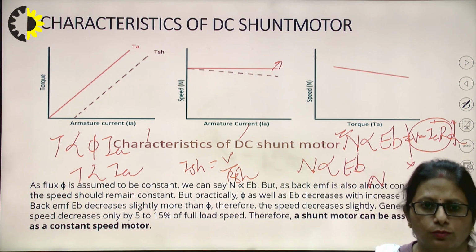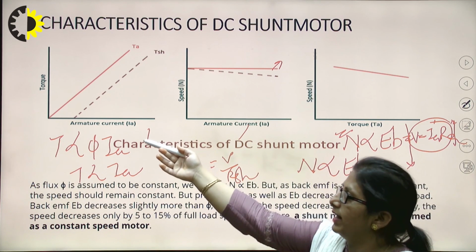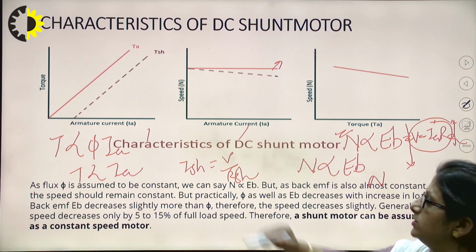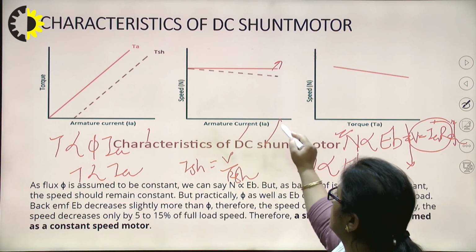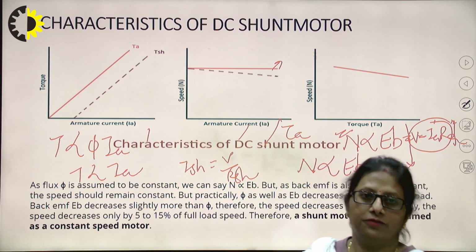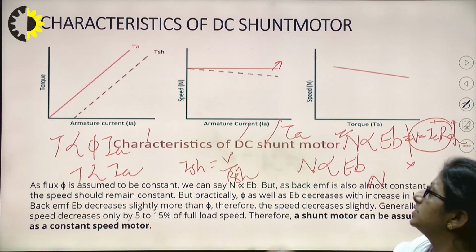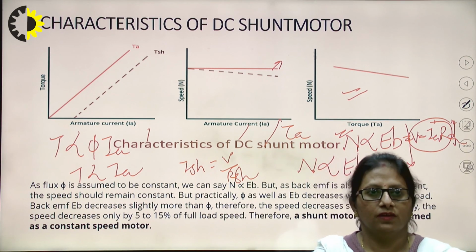It is inversely proportional. Here also, torque and armature current are directly proportional, so in place of armature current I may just substitute torque. The nature of the graph is going to remain the same, so I get the same kind of graph as in the earlier case.